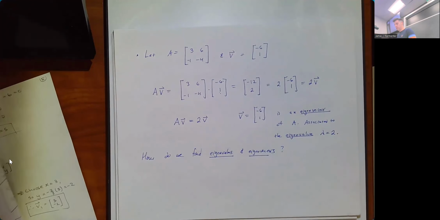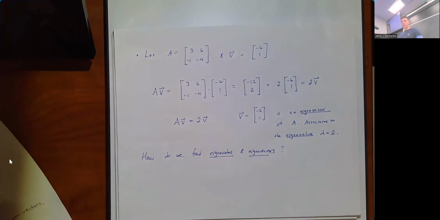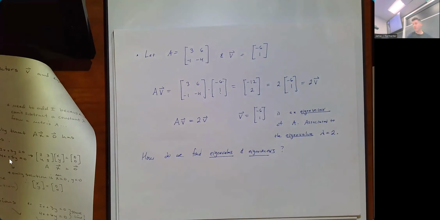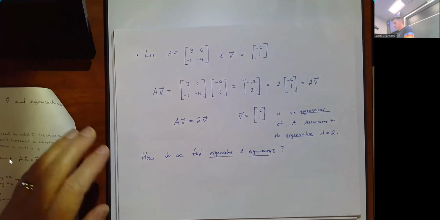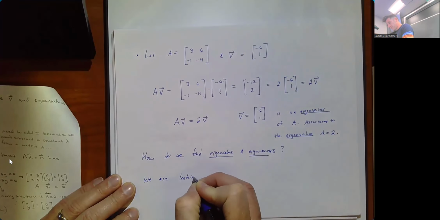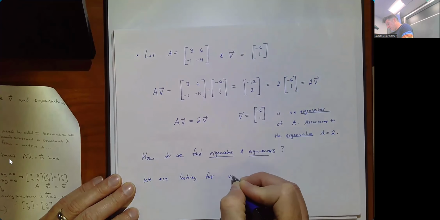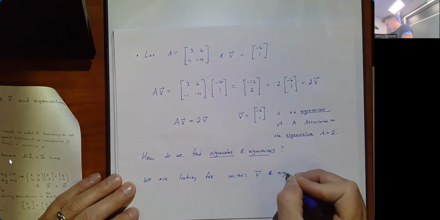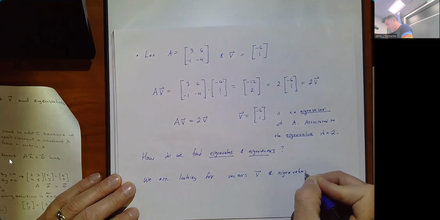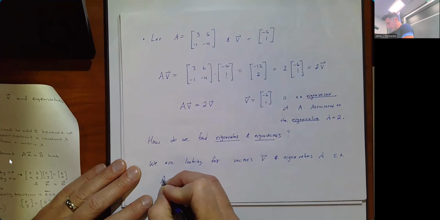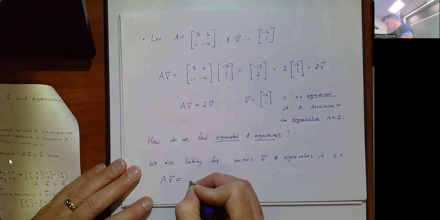Well, let's start with the matrix A. So here's what we want. We are looking for vectors v and eigenvalues lambda such that A times the eigenvector is equal to lambda times the eigenvector.